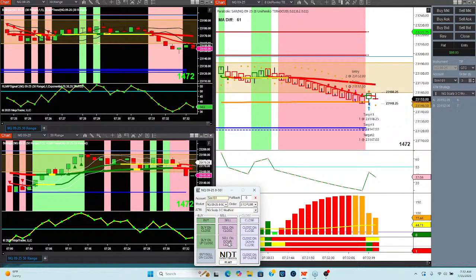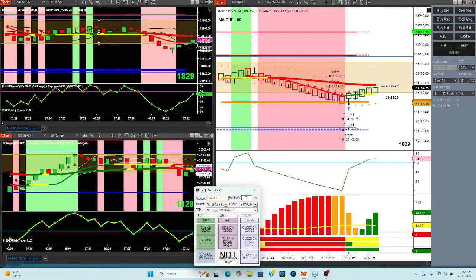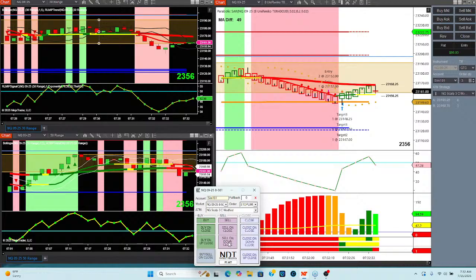But that would be like taking a bite out of it. But that would be like true scalping. You could do something like that even with an auto. I think you just need to have it a little bit tighter.